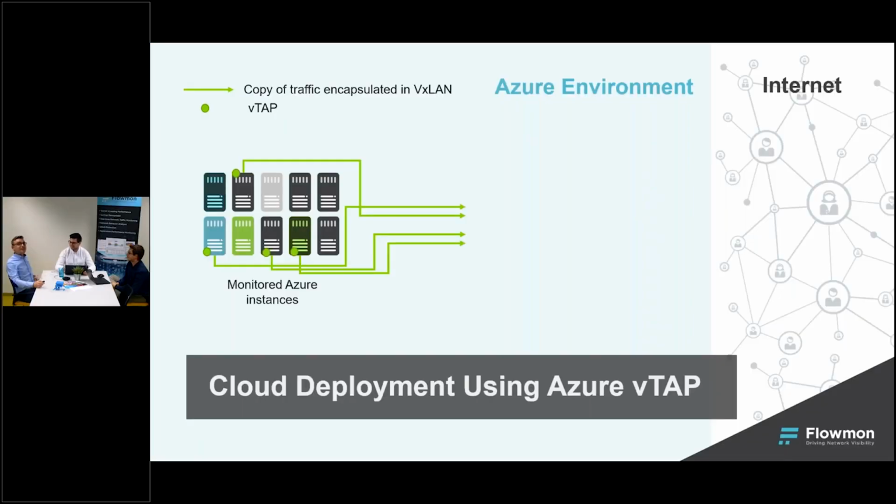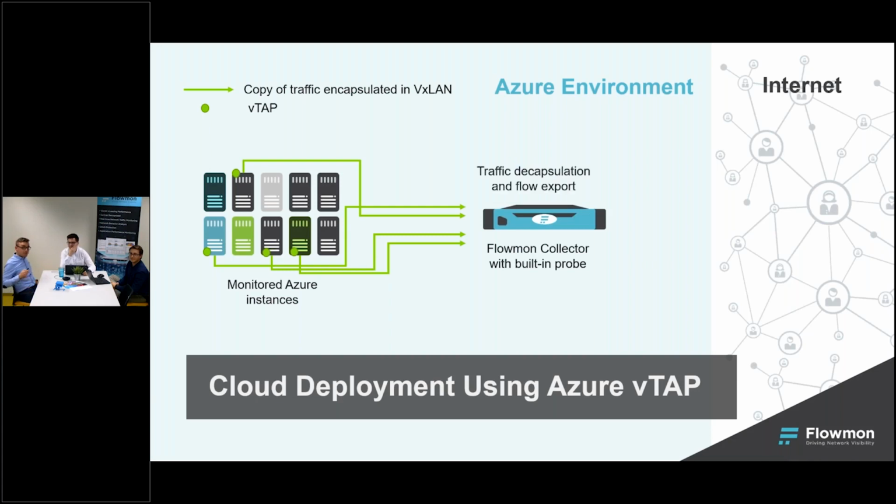Okay, so let's take a look in depth at Azure's vTAP. Here you can see the collector deployed in the Azure environment, and on the left side we have monitored Azure instances, like servers running in the Azure environment. The green dots are the vTAPs.